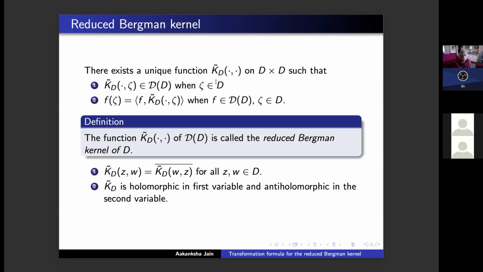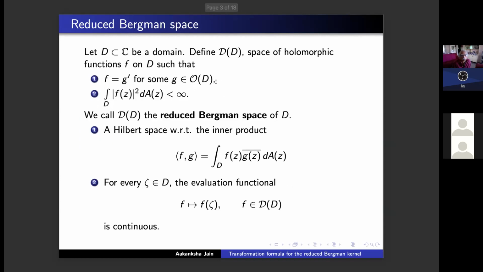In the third line from the top, you say that elements are equal to g dash for some g. Yes, f is the derivative of some holomorphic function on D. This is correct; not antiderivatives, but derivatives. So the condition for belongingness is, number 1, these are derivatives of some holomorphic function, plus the element is L2 integrable, yes? Right. Okay.